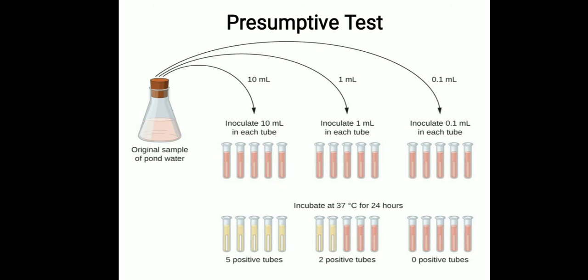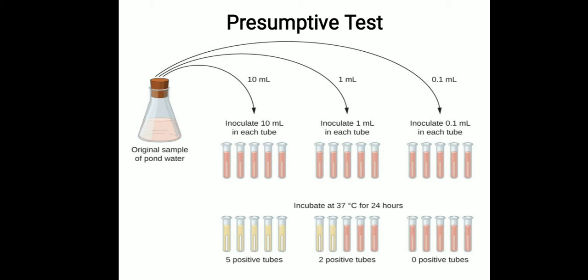Here, this test is a specific enrichment procedure for coliform bacteria, which is conducted in fermentation tubes filled with a selective growth medium, for example McConkey lactose broth, which contains an inverted Durham's tube inside for the detection of fermentation gas.